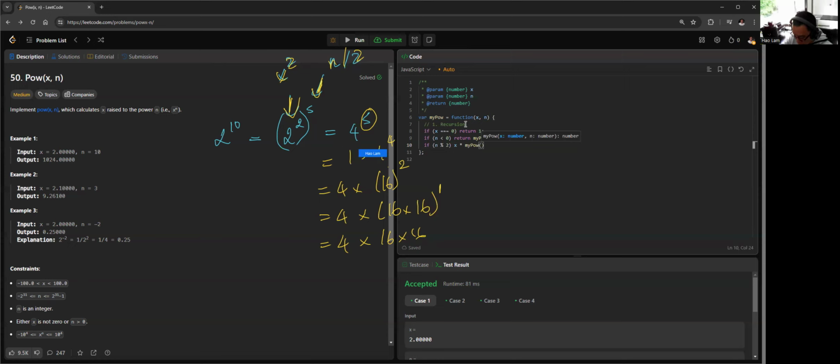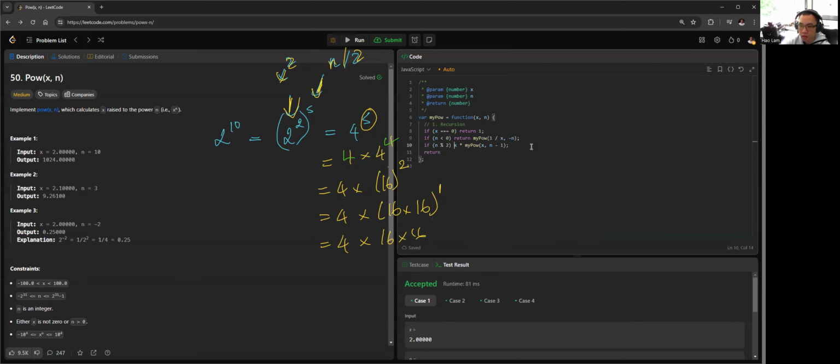We move the 4 out by 1, so we have 4 to the 4 left instead of 5. So x stays the same, and n is n minus 1.